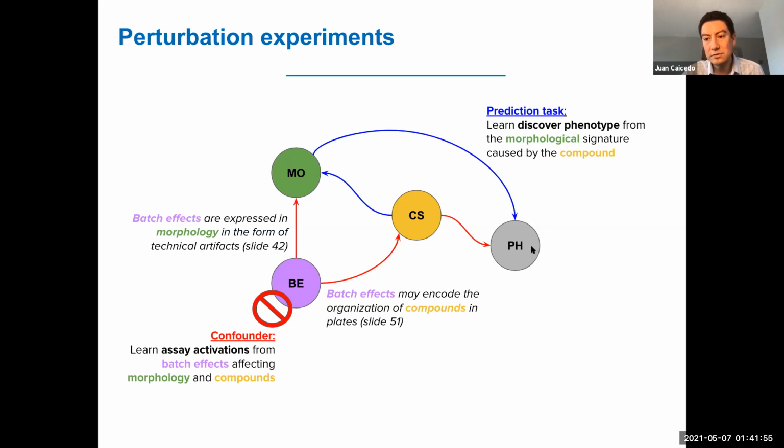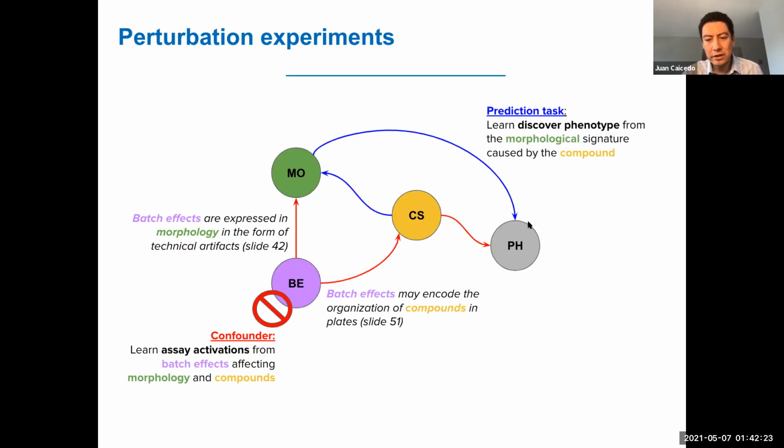And what we want to discover really is what's the phenotype that explains the effect of the compound. We cannot measure the effect of the compound directly. We want to observe it through the morphology, but the batch effects sometimes generate noise and sometimes confound our understanding of what is important in the phenotype of cells.